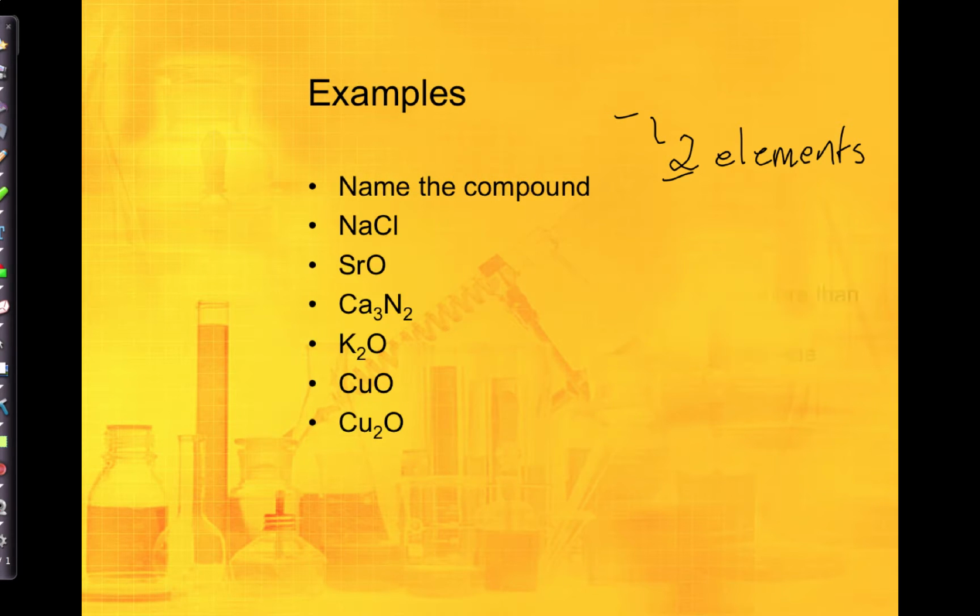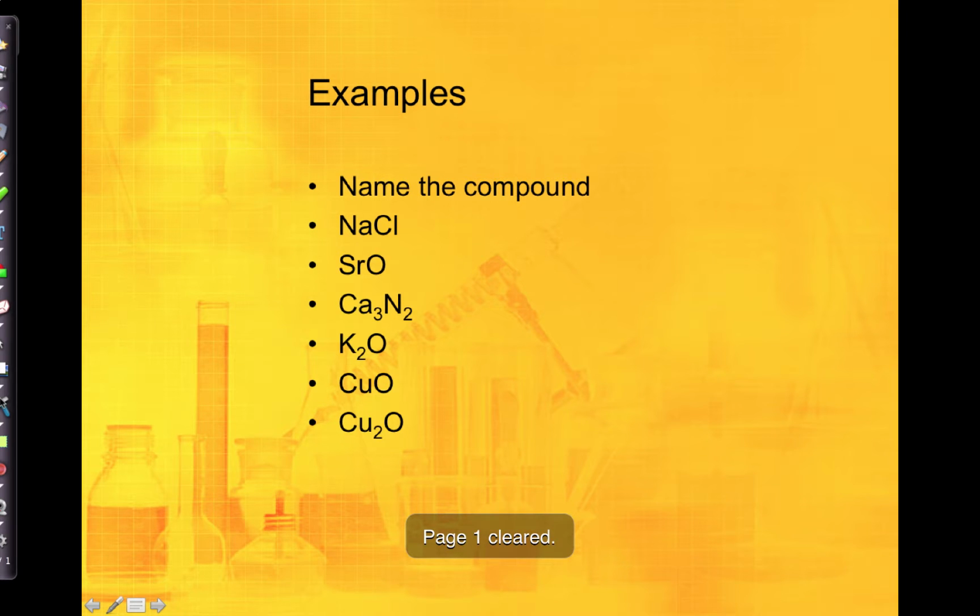All right, so let's go ahead. Let's name some of these compounds. First thing I'm going to do, I'm going to determine whether it is an ionic compound or not. So Na and Cl. If I look up, Na is a metal, chlorine is a nonmetal. So the metal name stays the same, so it's just sodium as the first part.